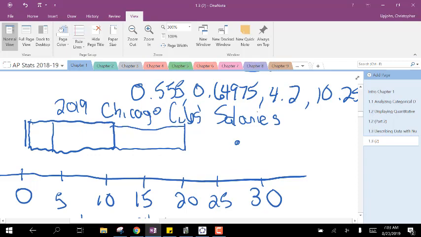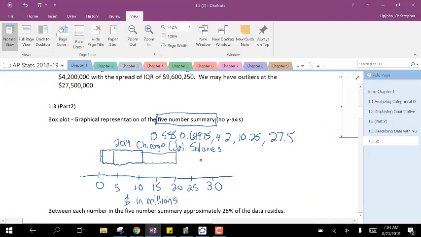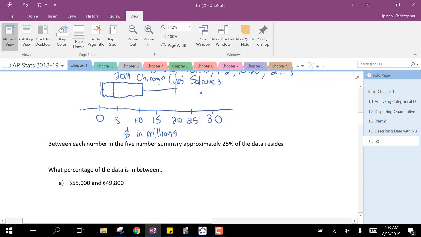Nope, it just keeps disappearing. All right. So this is how we make our histograms and box plots. That's not what it's supposed to look like. You just have a line going out to it. So between each number in the 5-number summary is approximately 25% of the data.